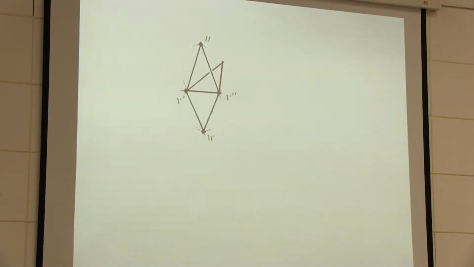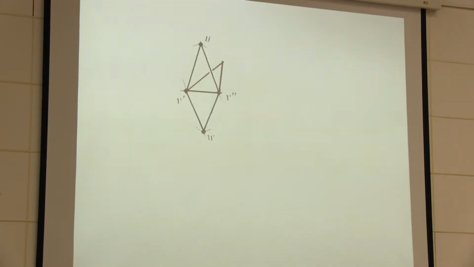Look, suppose we want to shrink the edge V prime V double prime in a triangulation. Here you see the two faces attached, which are incident with that edge. Assume that the edge V prime V double prime occurs in some cycle shown in red, made up of three edges.